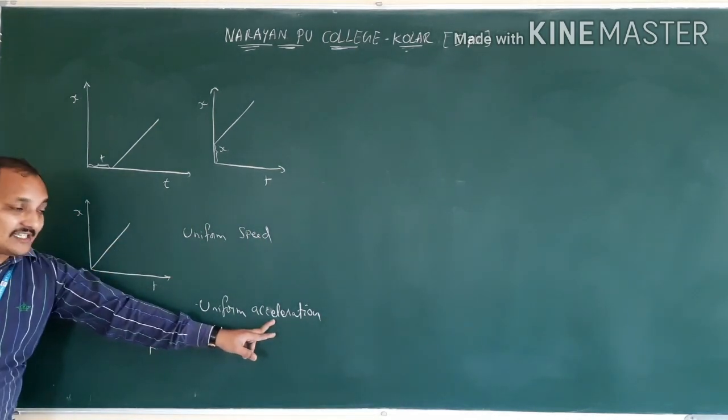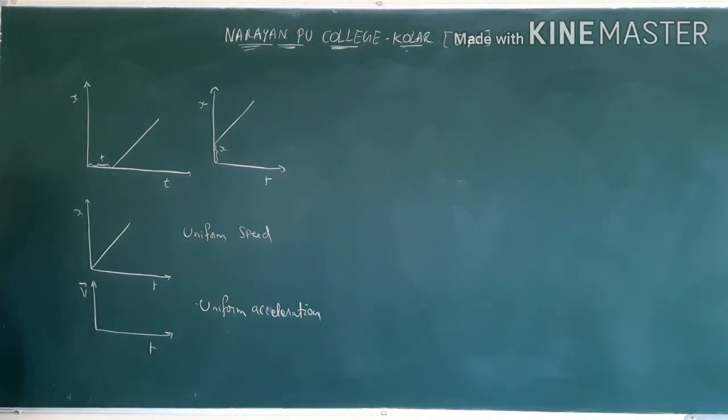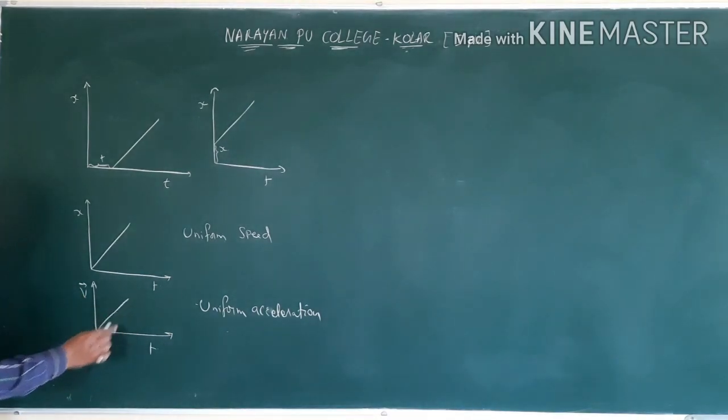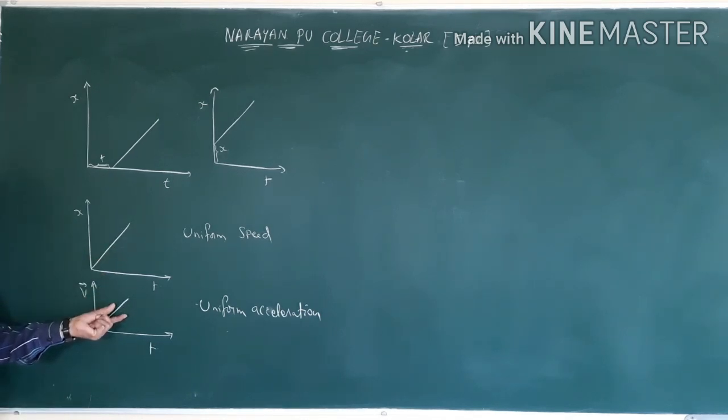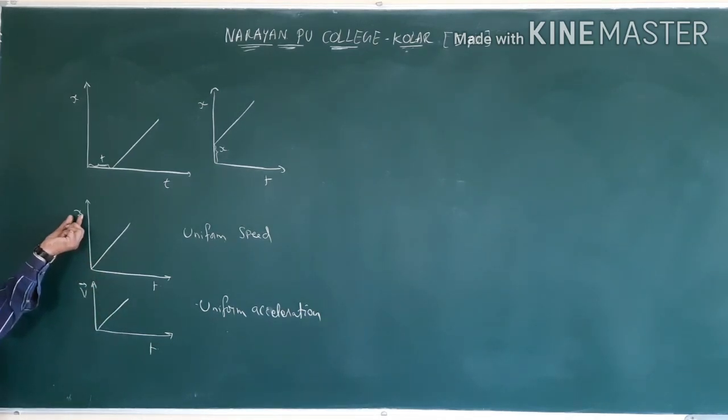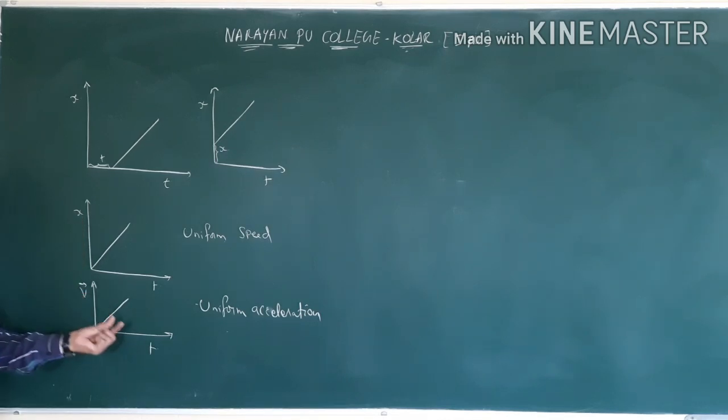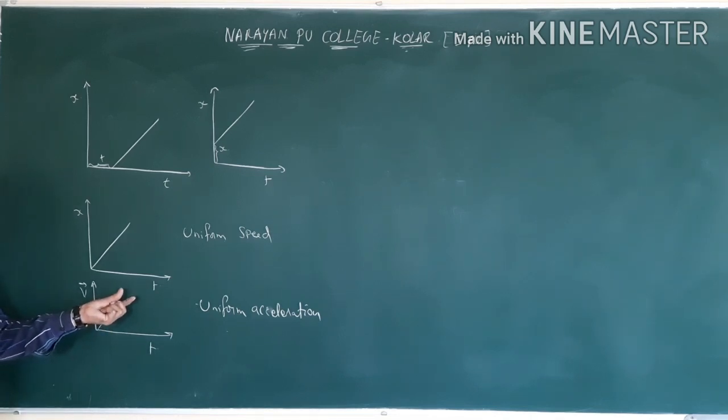Now for uniform acceleration, how will the velocity time graph look? Like this here. Okay, so both the graphs are the same, but here on the y-axis distance is there, and here on the y-axis velocity is there. Okay. For a uniformly accelerated object, you will get the velocity time graph like this.